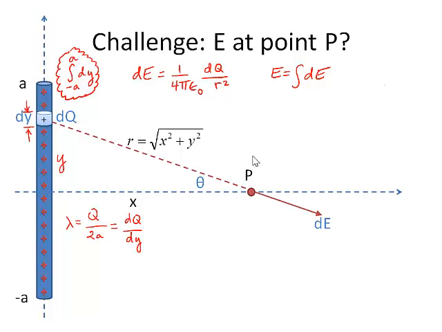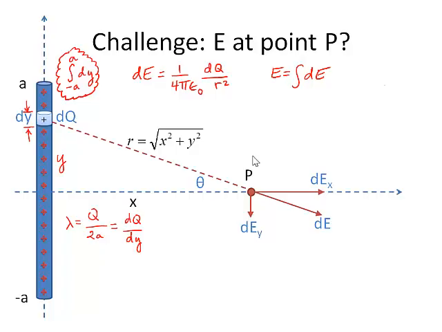This dE can be broken up into x and y components. If you'll notice, if we add up all the dEy's from all the little dq's, because of symmetry, all the dEy's will cancel out.